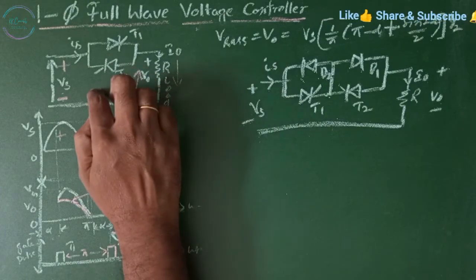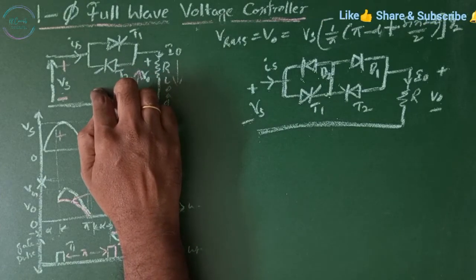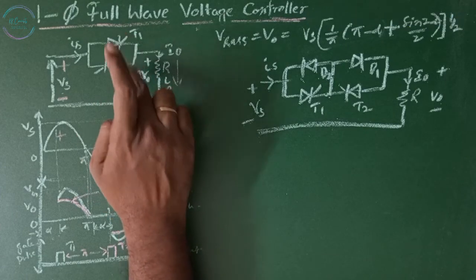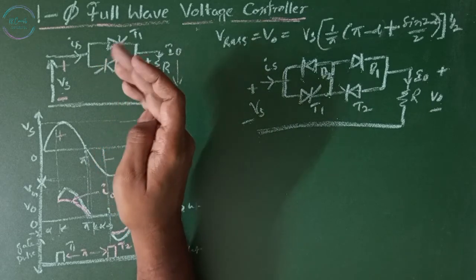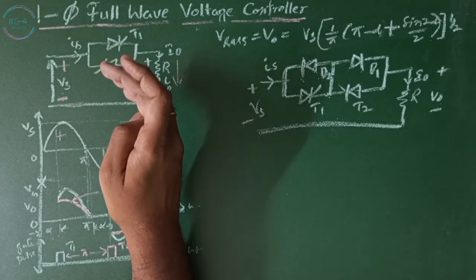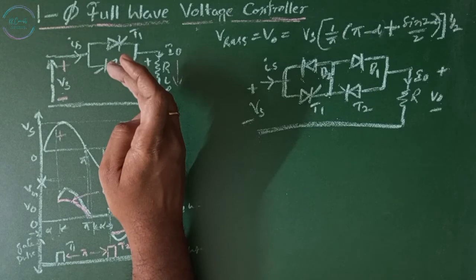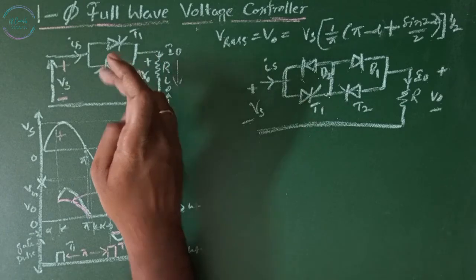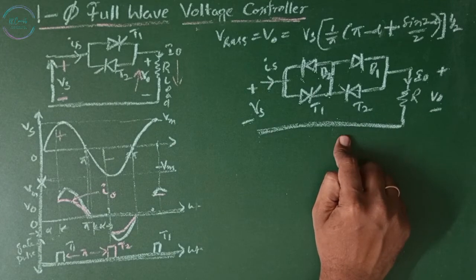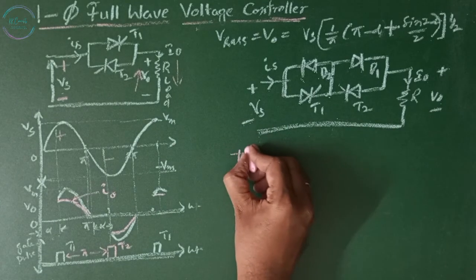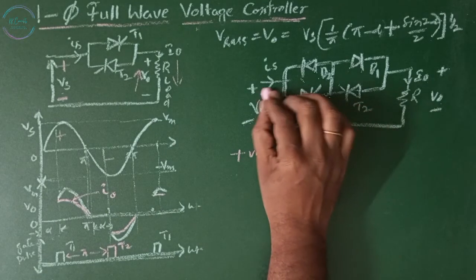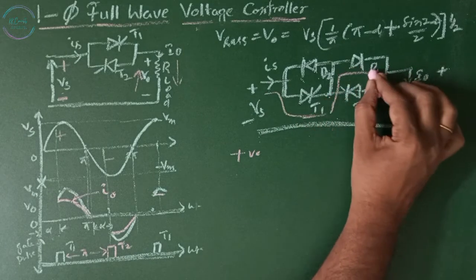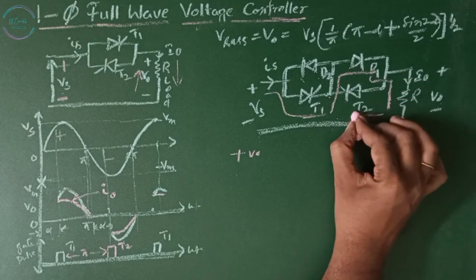Now, in this circuit, the gating circuits for thyristors T1 and T2 must be isolated. It is possible to have a common cathode for T1 and T2 by adding two diodes as shown in this circuit. Here, in the positive half cycle, the power is going to flow through T1 and D1 to the load and back to the supply.